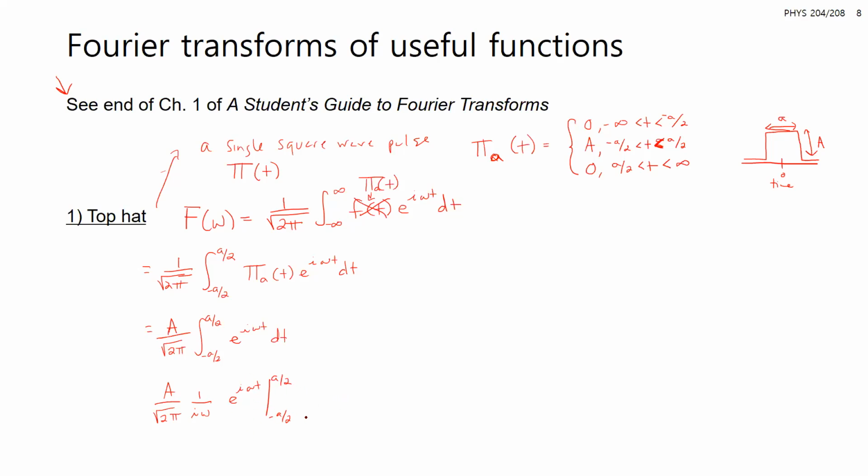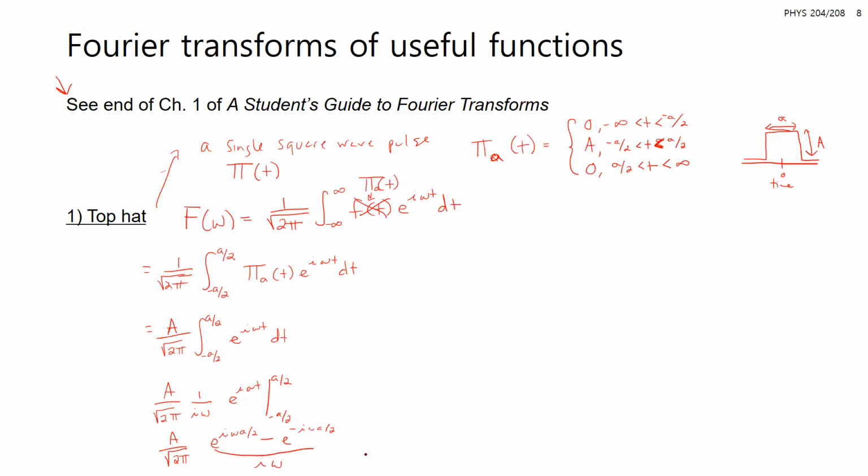We can plug in those values and we're going to get e to the i omega a over 2 minus e to the negative i omega a over 2, all divided by i omega.